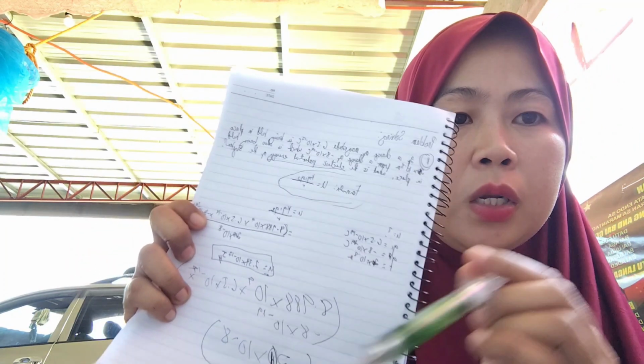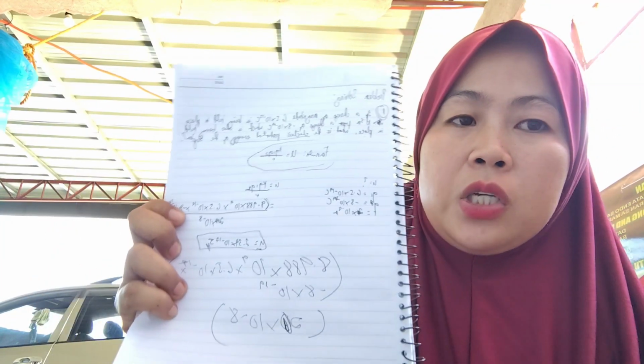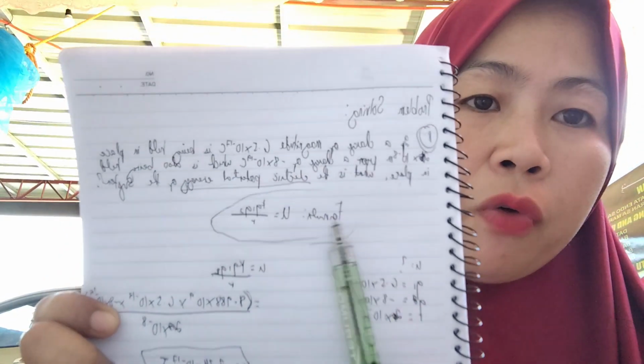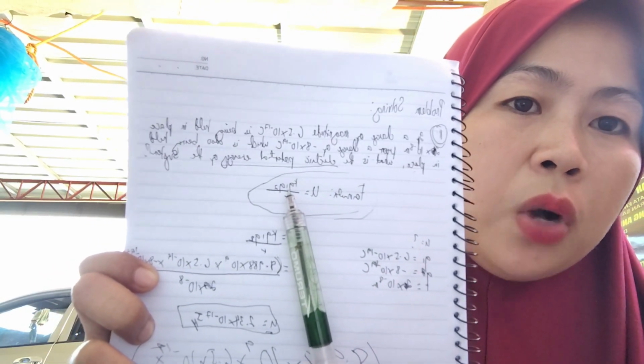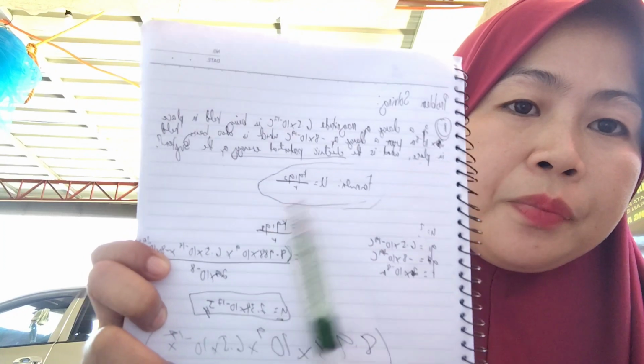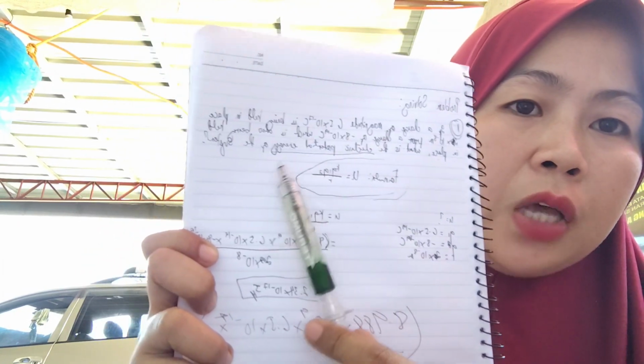So what formula can we use if we are looking for the electric potential energy? For me, this is the formula I used: U equals K Q sub 1 Q sub 2 over R. Using this formula, we can solve for the electric potential energy.